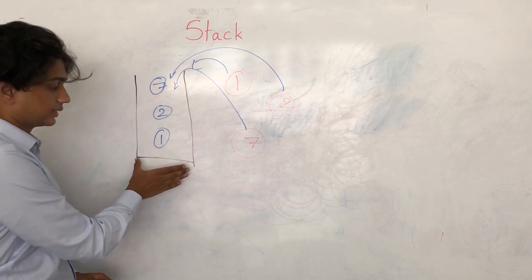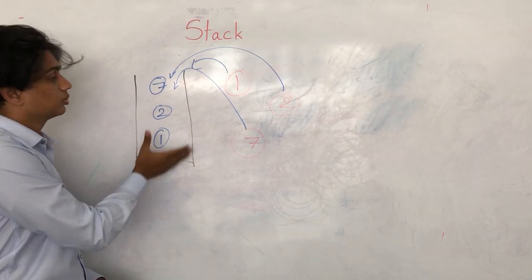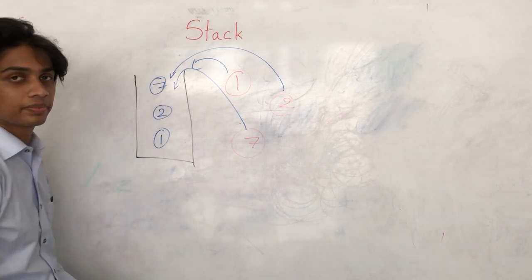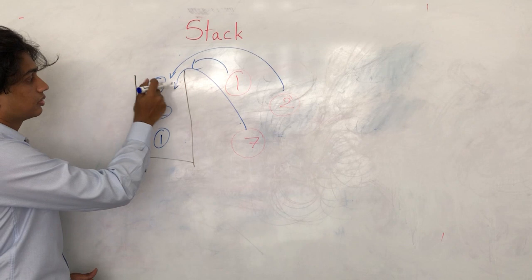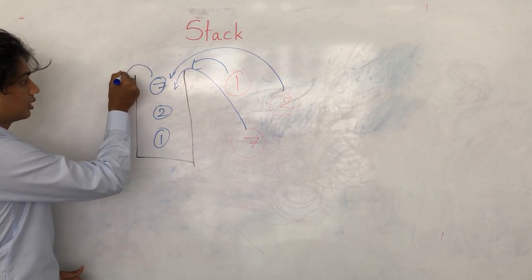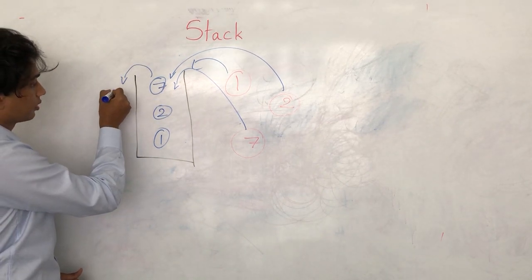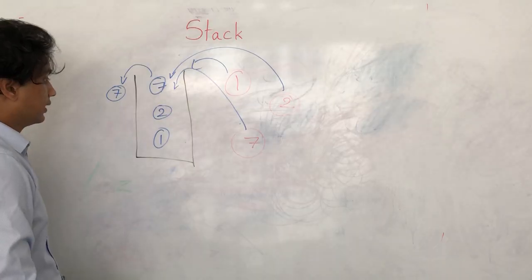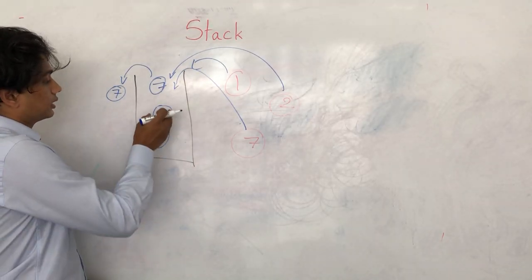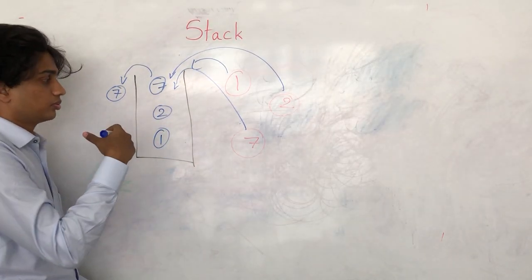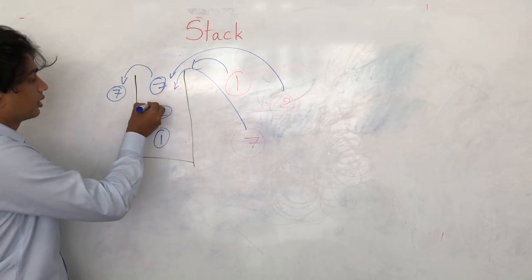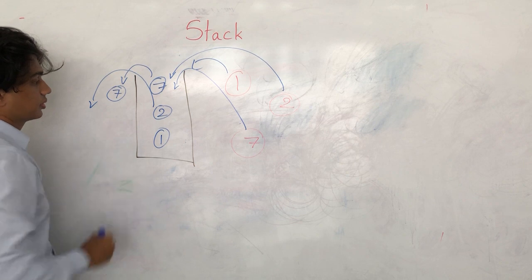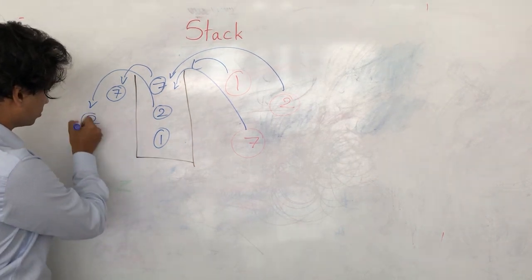As I said before, if you are going to take these elements out, first we have to take the last element, which is number 7, out. Then we take out the second element, which is the last element in the current state, which is number 2.